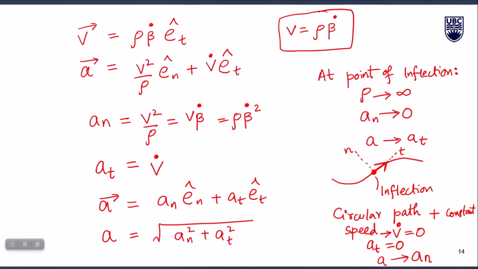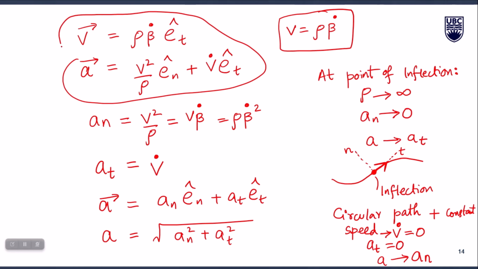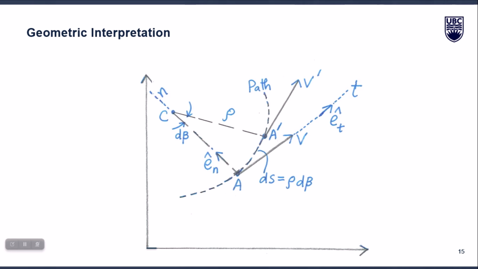After this introduction, let's quickly look at the geometric interpretation of this same equation. For example, this equation at top, or any of the component equations at the bottom, right? So we can come up with the same relationship geometrically also by visualizing different vectors, acceleration vector, velocity vector.